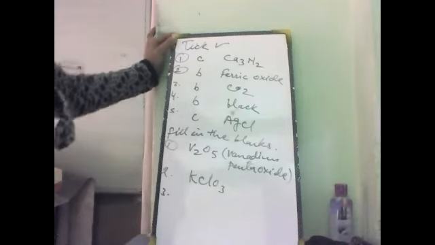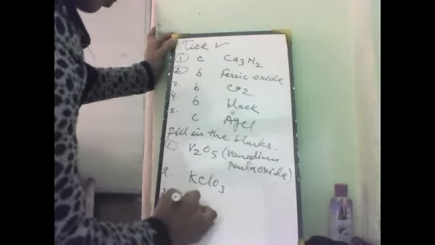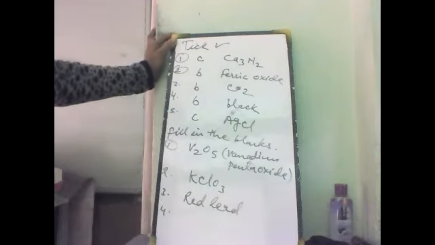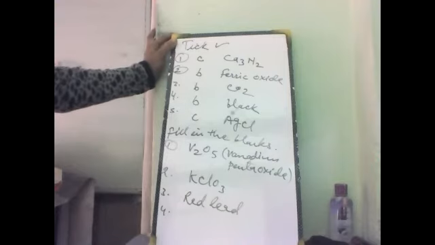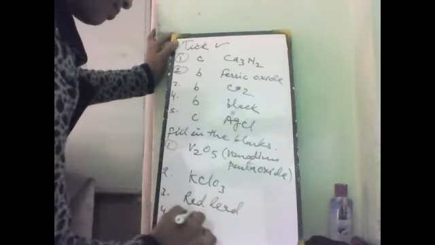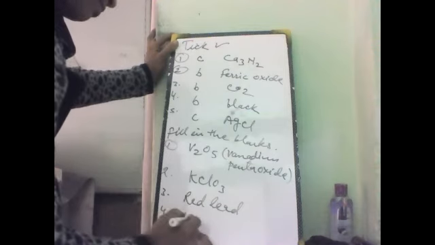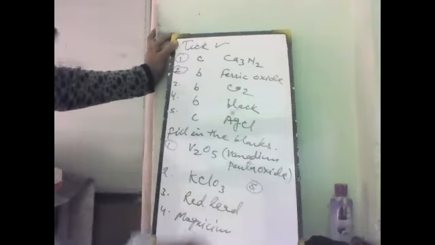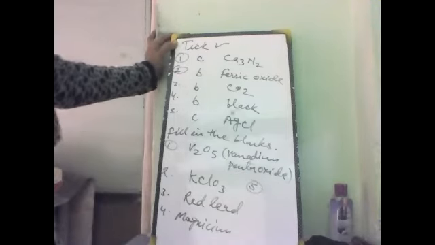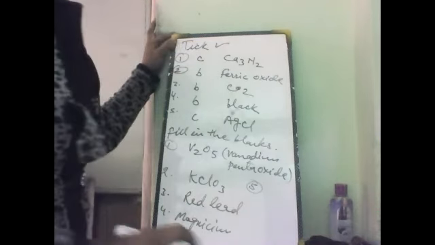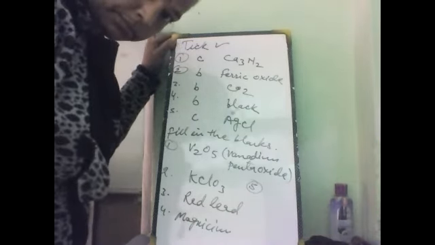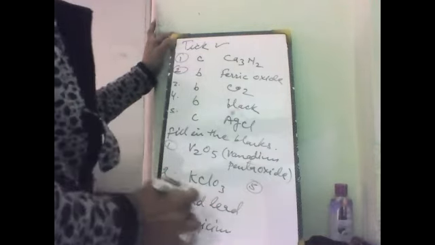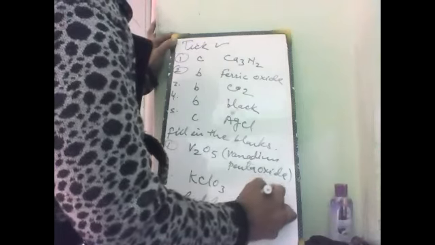Trilead tetraoxide is also known as red lead. Magnesium ribbon can burn in nitrogen. And number 5, hydrogen gas is liberated when zinc strip is added to HCl. The answer is hydrogen.